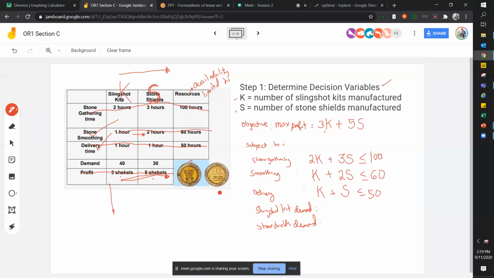Magkaiba. So, paano yun? Si slingshot ay 40, di ba? So, slingshot kit, 40. Iwan na muna natin. And then, si stone shield, 30. Agree? So, meron na tayong right-hand side, meron na tayong left-hand side.